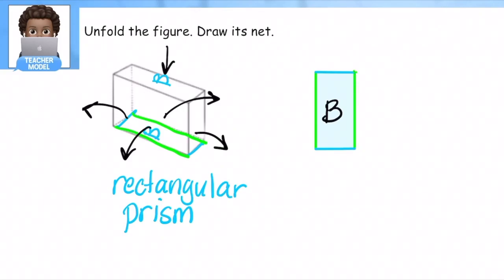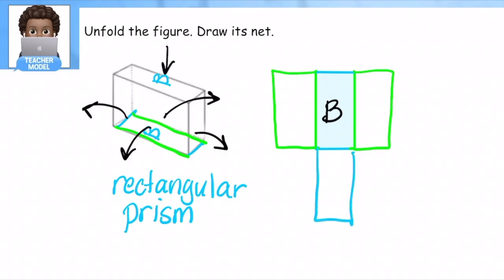So this part here, here, and then I have 2 skinny parts here and here. But I also have to have a base, and my base can be attached to any of the pieces. I'm just going to put my other base over here.